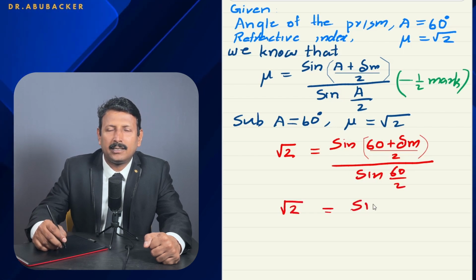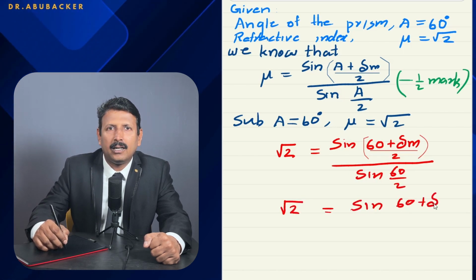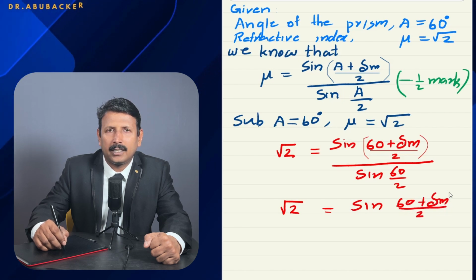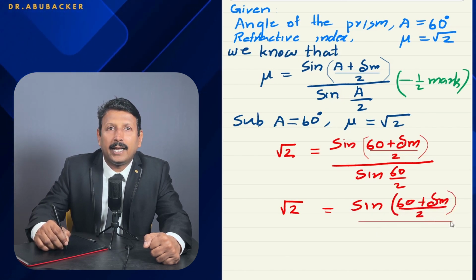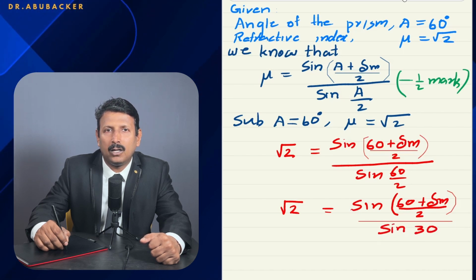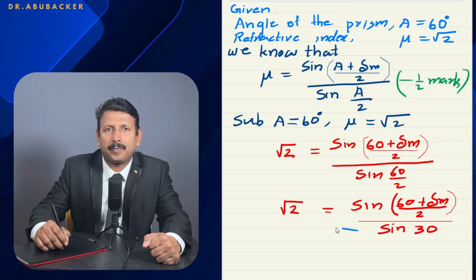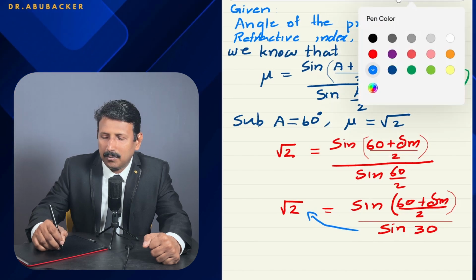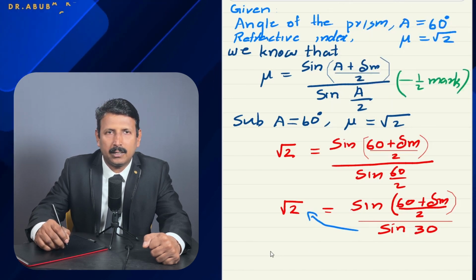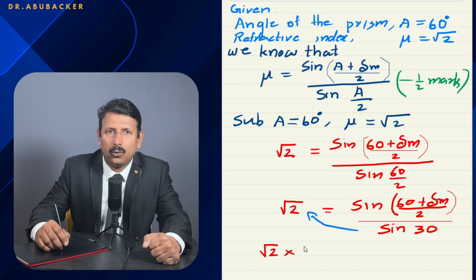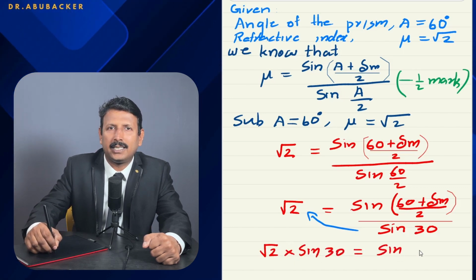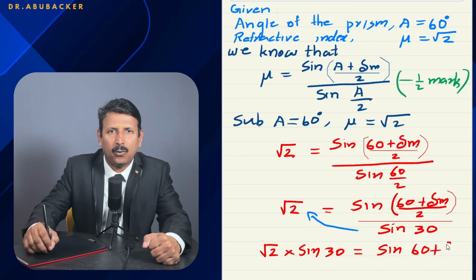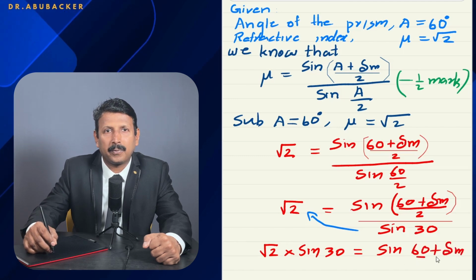You know that 60 by 2 is 30, so the numerator stays as it is, but the denominator we write as sine 30. Now do a cross multiplication: sine 30 from the denominator goes to the left side. So √2 into sine 30 is equal to sine (60 plus delta m) by 2.